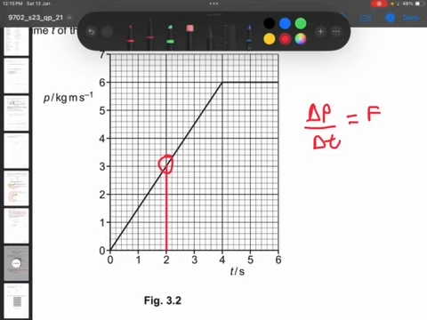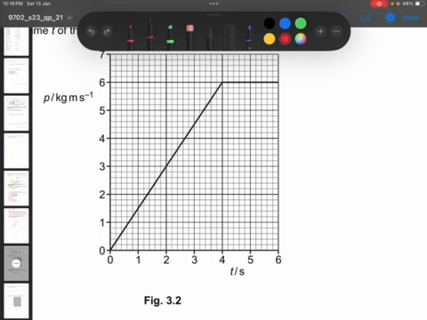But the gradient of this graph is a constant starting from this point 0 to this point. So instead of just finding the gradient at that point, we can find the gradient at any point starting from here to here. It's the same thing. It's a straight line, so the gradient is a constant. So finding the gradient of the entire line is the same as finding the gradient at that particular point where we want to find the gradient.